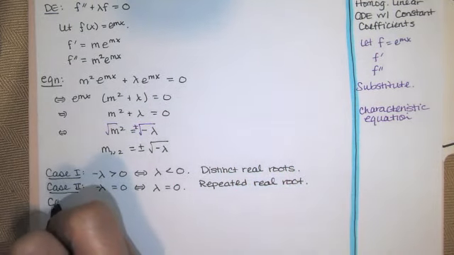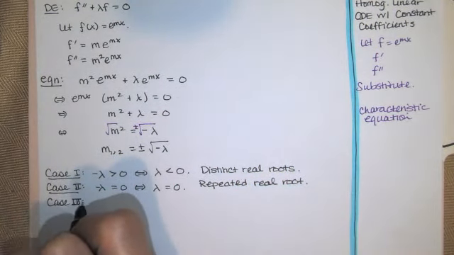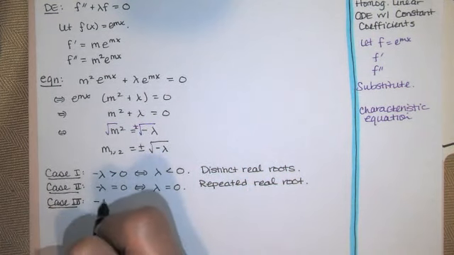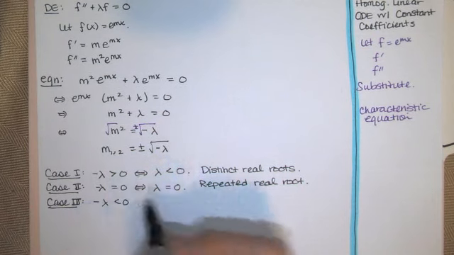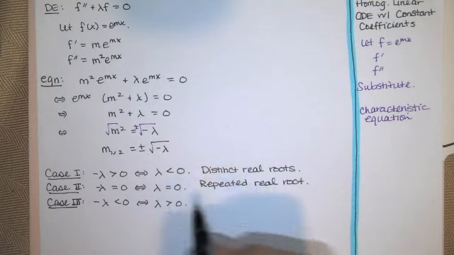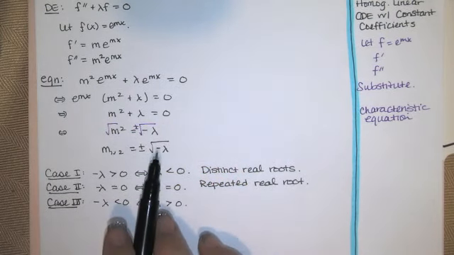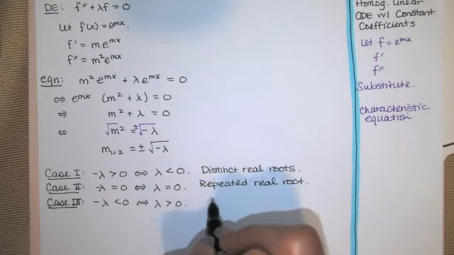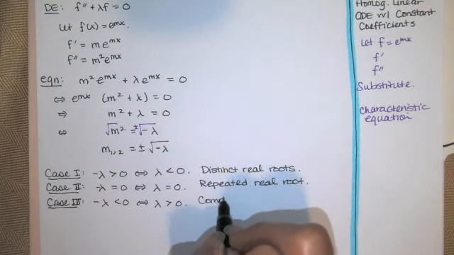And then the third case is this. It's also possible that negative lambda is negative, which would mean, of course, that lambda is positive. In that case, I'm taking the square root of a negative number, so I would end up with complex conjugate roots.